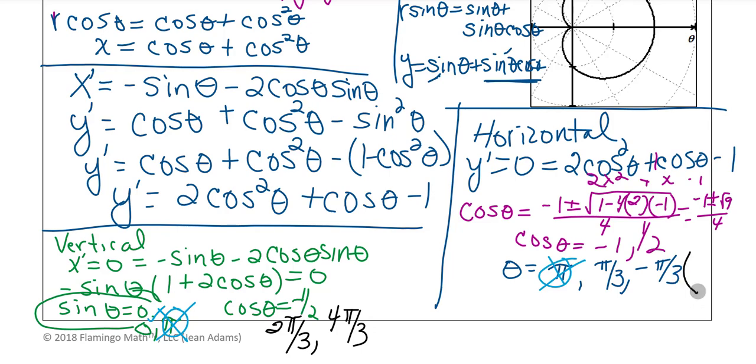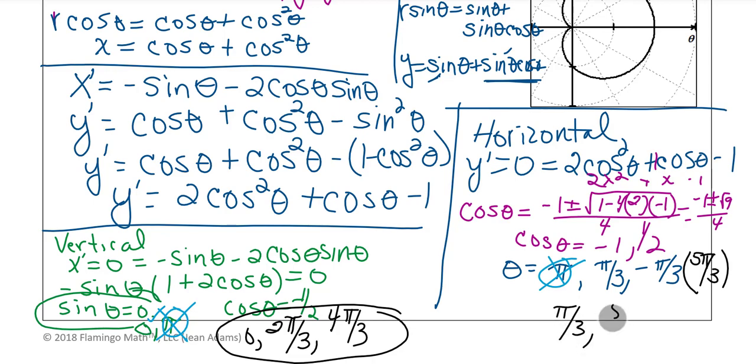And if you wanted to write this one as 5 pi over 3, you could. So these are going to be our angles then. So the verticals are going to be at 0, 2 pi over 3, 4 pi over 3. And the horizontals are going to be at pi over 3 and 5 pi over 3 for that problem.